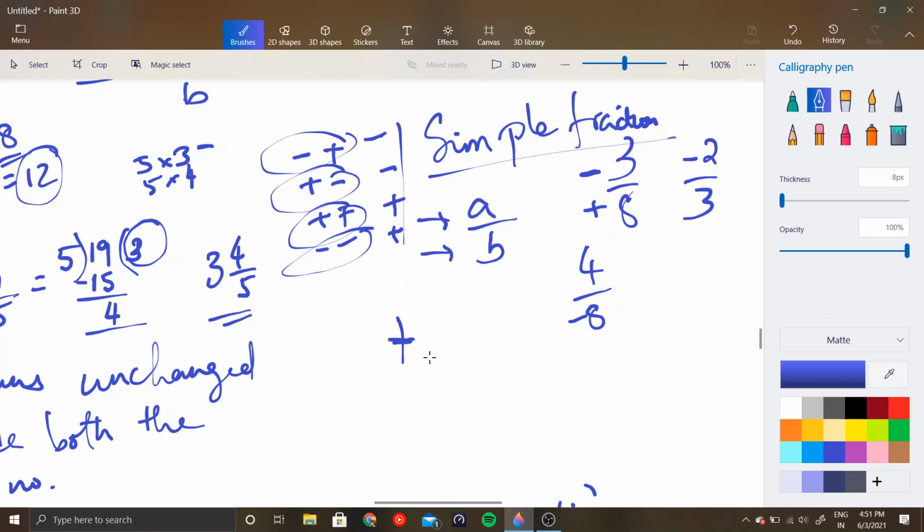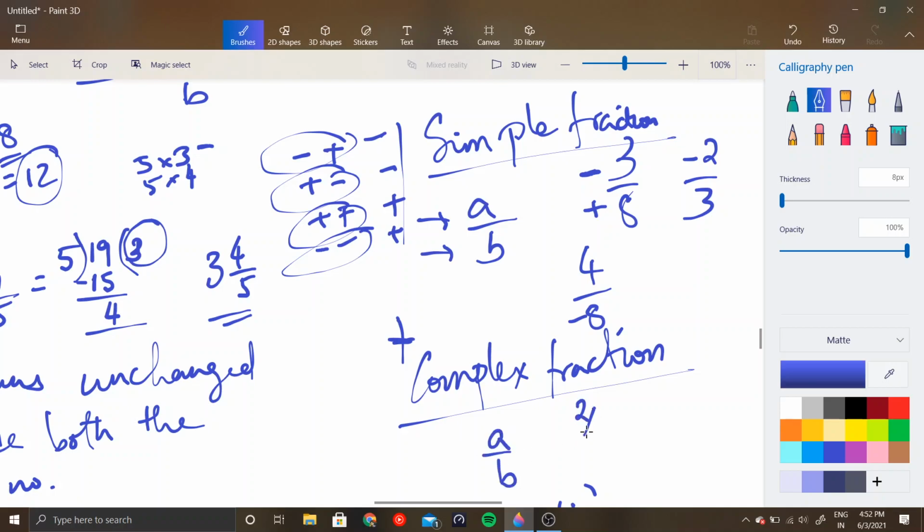So what is a complex fraction? A complex fraction is a fraction where the numerator or the denominator can be fractions as well, right? So what I mean to say is, suppose a by b, where a is 2 by 3 and b is 8. So this is a complex fraction.